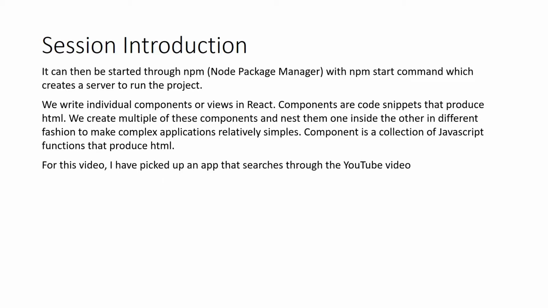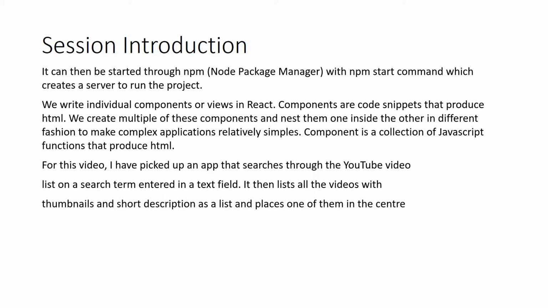For this video, I picked an app that searches through the YouTube video list on a search term entered in a text field. It then lists all the videos with thumbnails and a short description as a list and places one of them in the center with details below it.